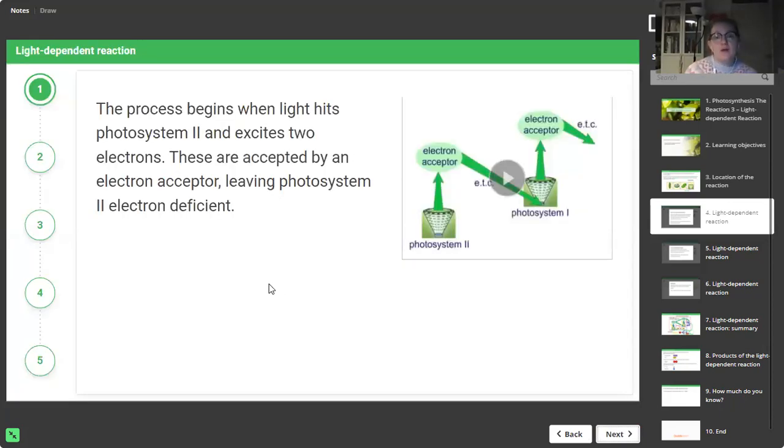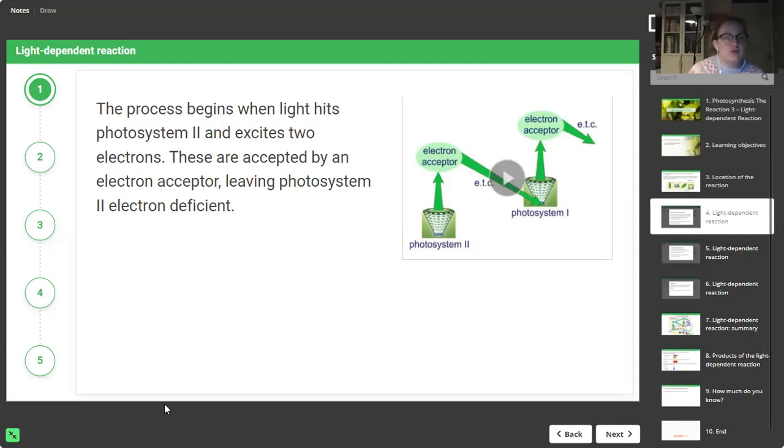So what happens is we actually start with photosystem 2. And photosynthesis, this light-dependent reaction, starts when light hits photosystem 2. So light comes along and hits photosystem 2 here. When the light hits photosystem 2, 2 electrons inside photosystem 2 become excited.